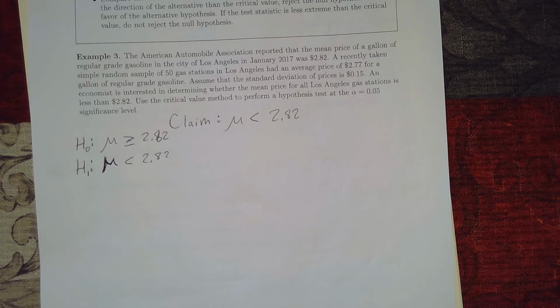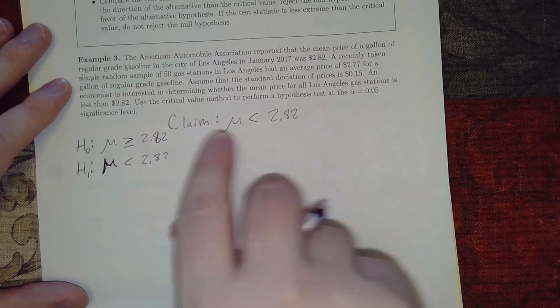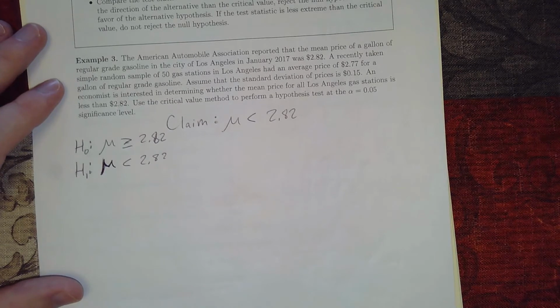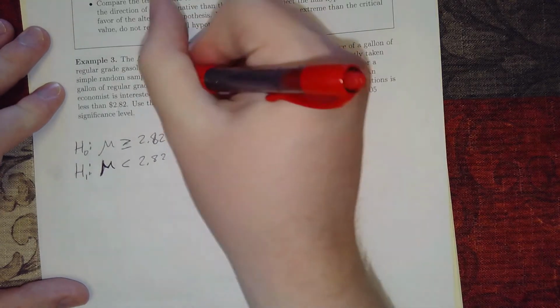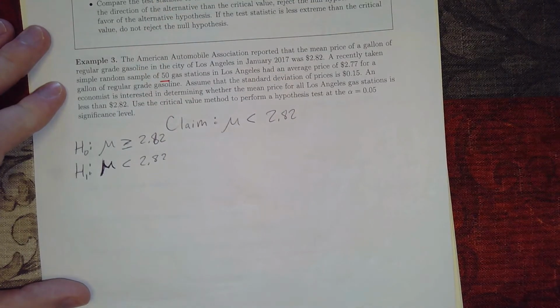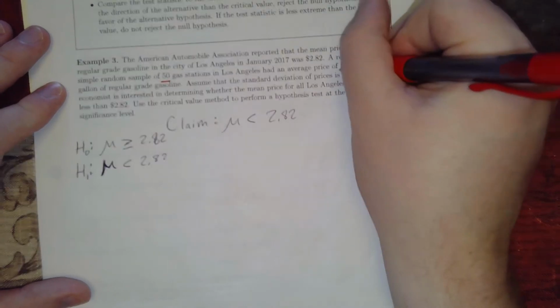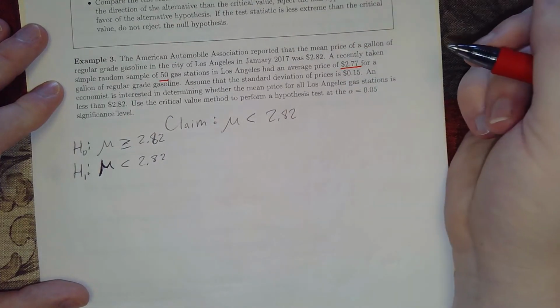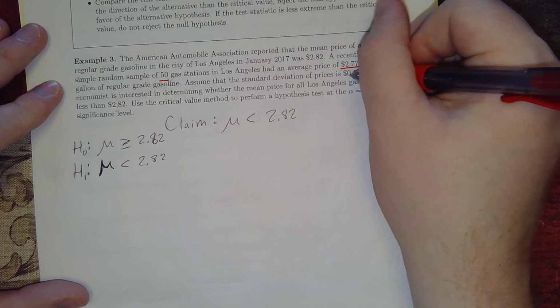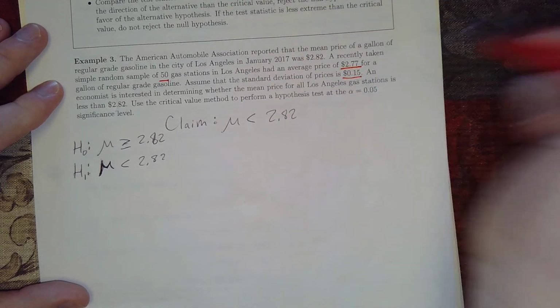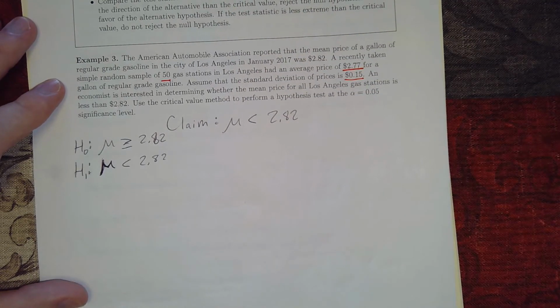Here, some things we want to check. We are told that we have a sample of 50 gas stations. We had an average price of $2.77, and we're going to assume the standard deviation is 15 cents.